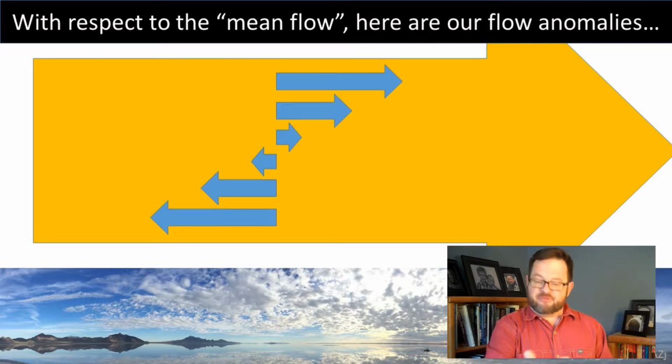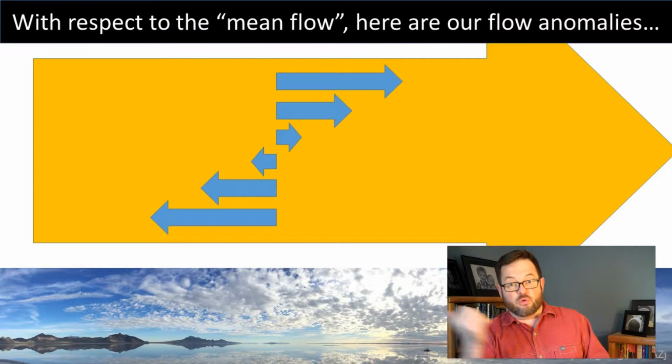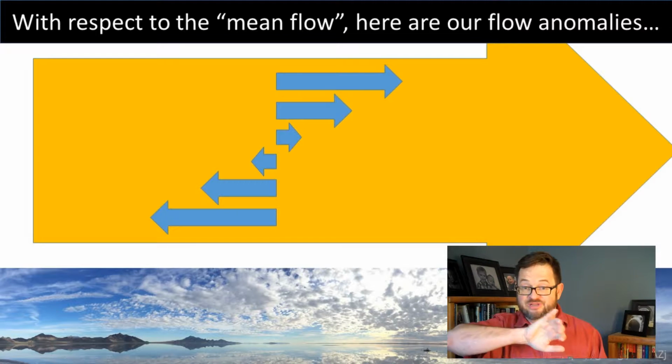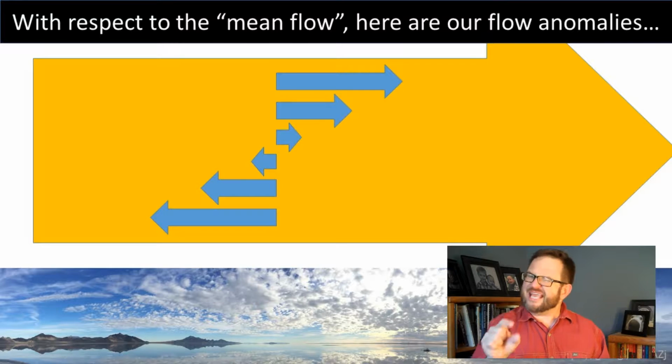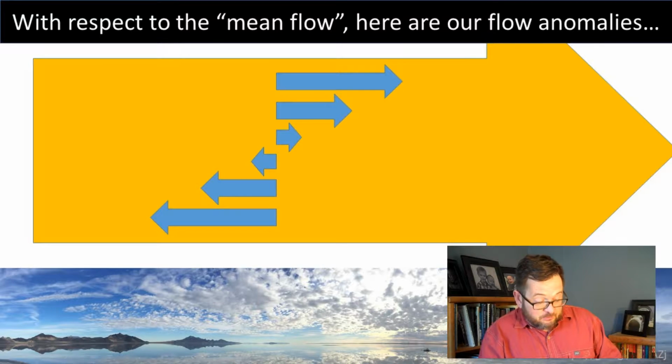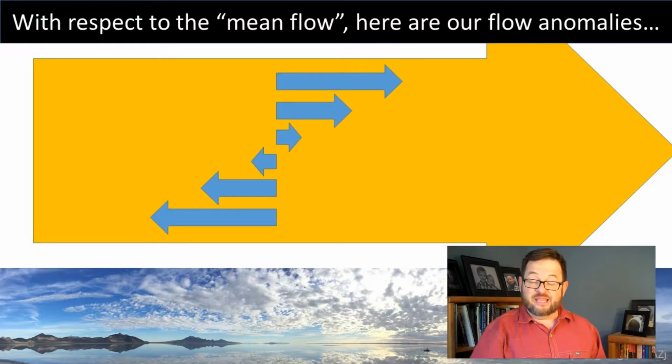Near the top of my diagram, the arrows go from left to right, meaning the winds were even faster than the mean flow. Near the middle, the vectors are very small, almost the same as the mean flow. And down near the bottom, the vectors are in the opposite direction, from right to left, illustrating that the wind is weaker than the mean flow.